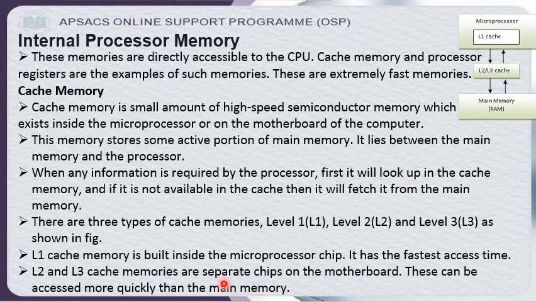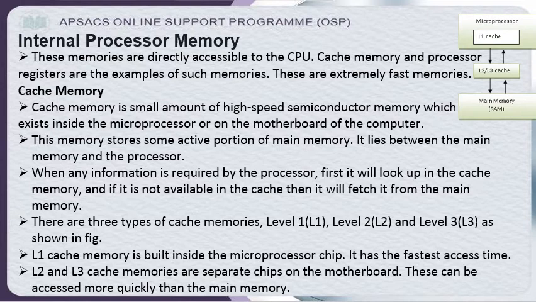L3, right now, is also coming on a microprocessor. L3 is known as a shared memory. It means if you have two CPUs or four CPUs inside your microprocessor, L3 memory will be shared between the first CPU, second CPU, third CPU and fourth CPU.